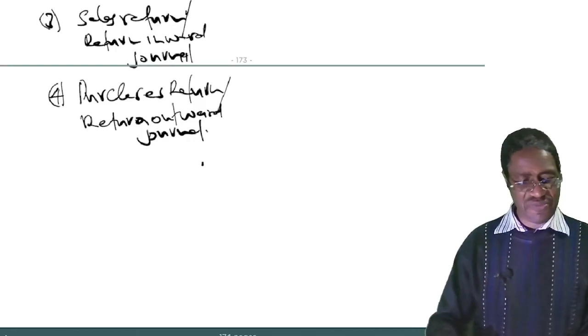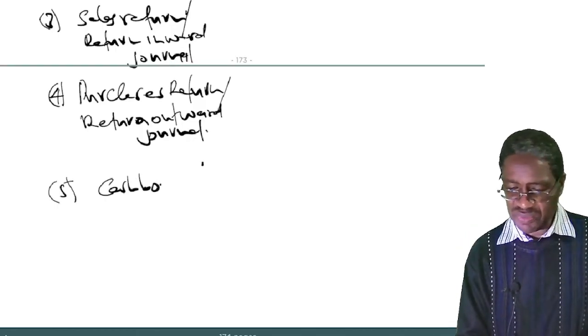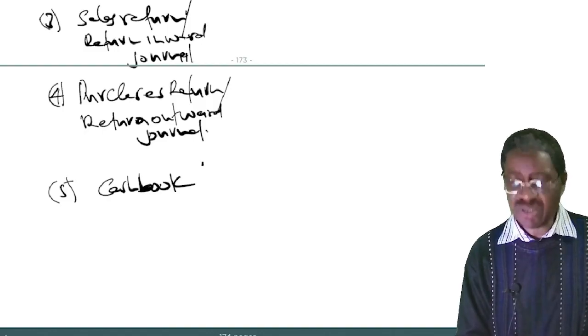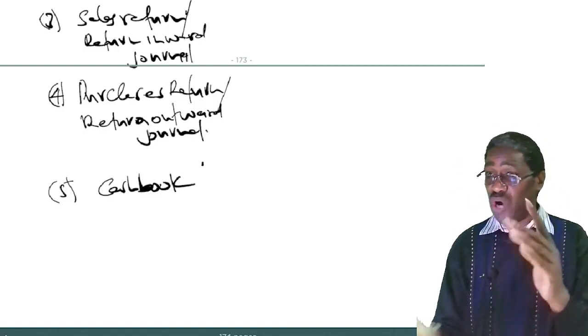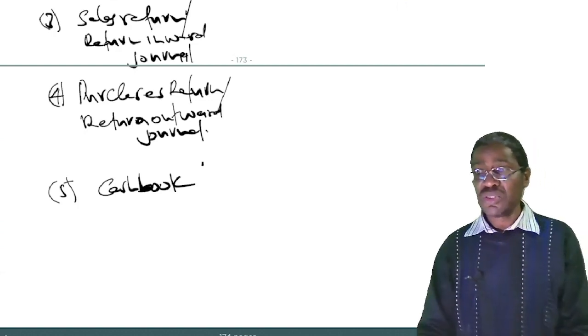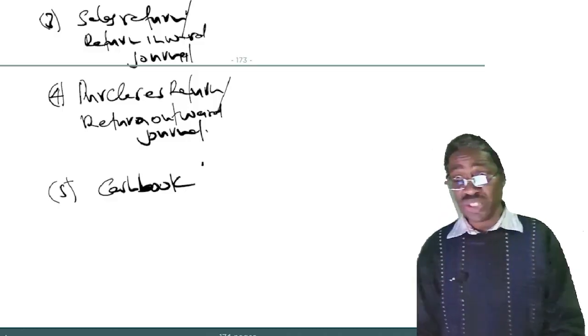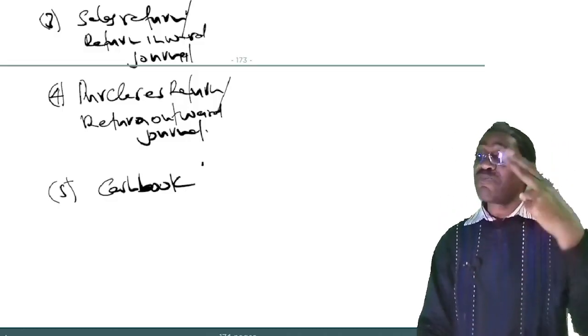Number 5, we have what we call the cash book. Of course, you know by now, a cash book is a book that contains which accounts? Two accounts: the cash account and the bank account.